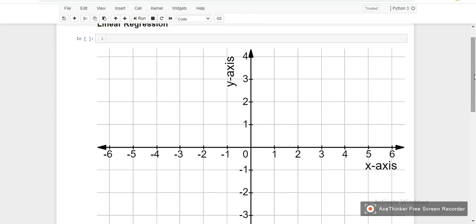Let us consider a plane and we initialize some data points on this plane. These are the data points, and here the x-axis represents the total number of objects and the y-axis represents the total price of objects.